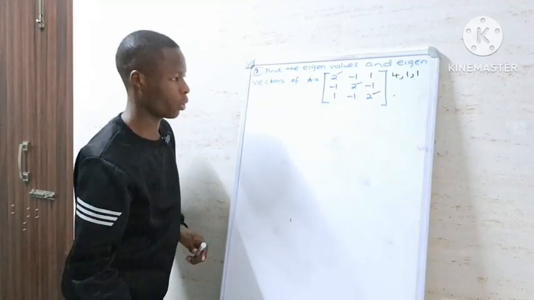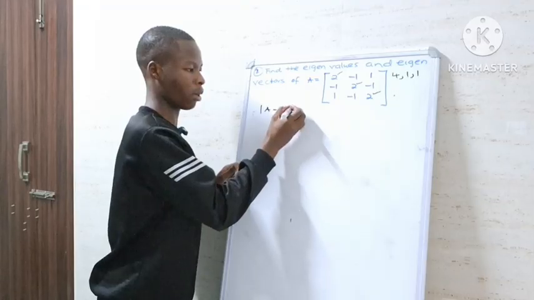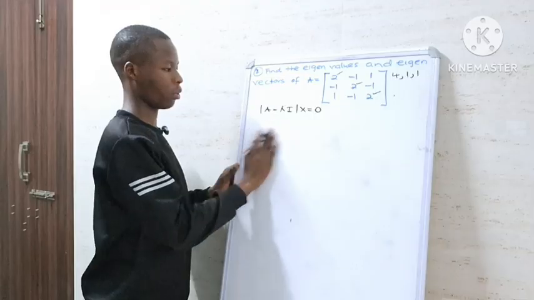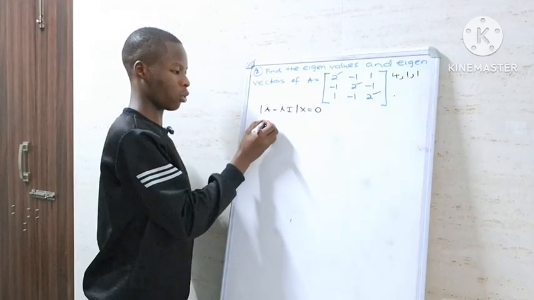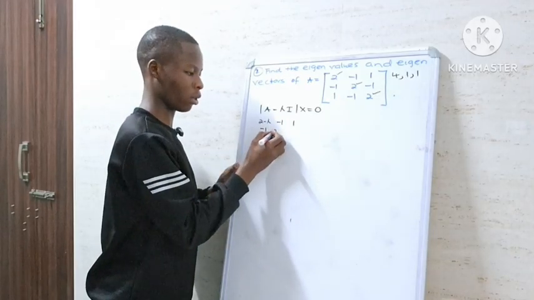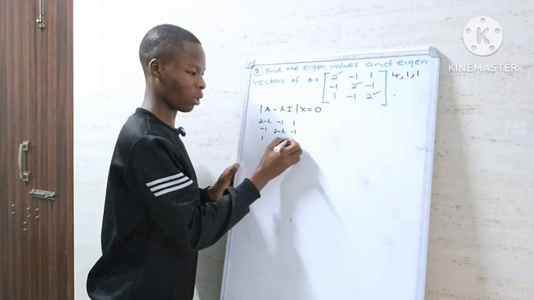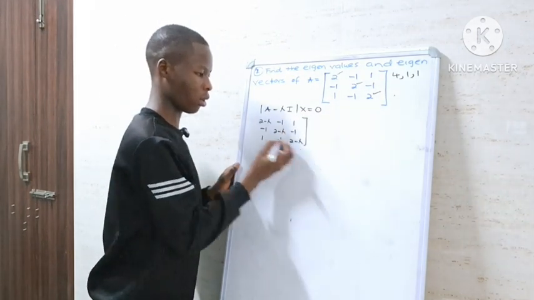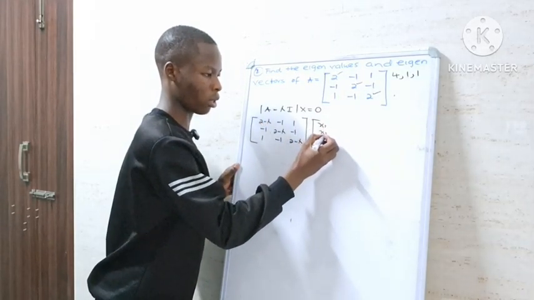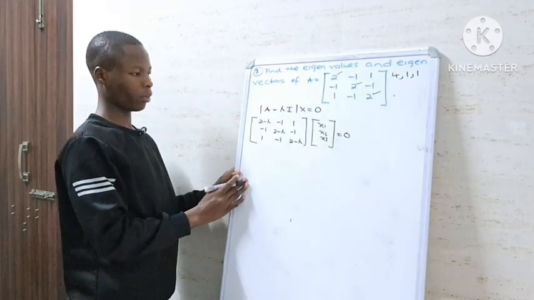The characteristic equation is given by (A minus lambda I) x is equal to 0. This is the matrix with 2 minus lambda, minus 1, 1; minus 1, 2 minus lambda, minus 1; 1, minus 1, 2 minus lambda, multiplied by x1, x2, x3, equal to 0.